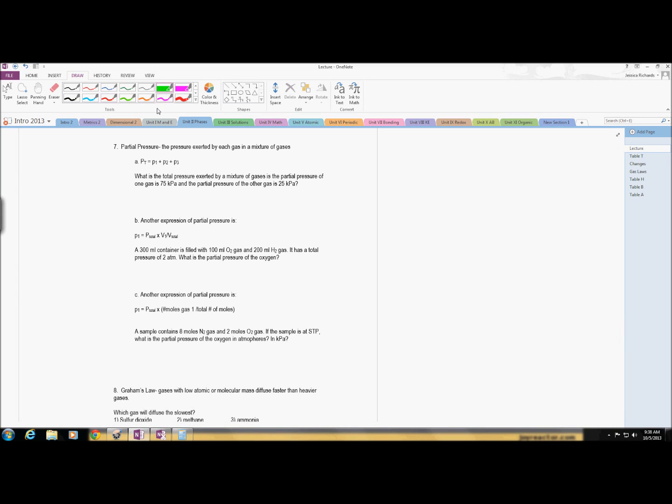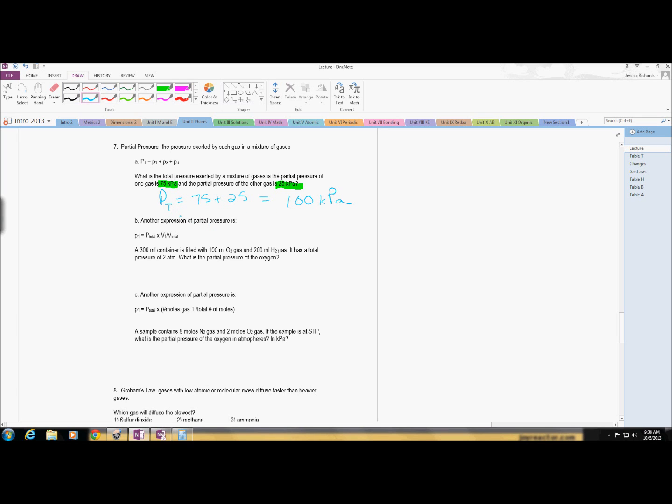So if we just look at a quick problem, the total pressure exerted by a mixture of gases is the partial pressure of one gas is 75, and the partial pressure of another is 25. So the total is just going to be the sum of those two. So the pressure total, that's what the little sub t means, 75 plus 25, your total pressure would be 100 kPa. Nothing huge or stunning or difficult about that, just add them up.